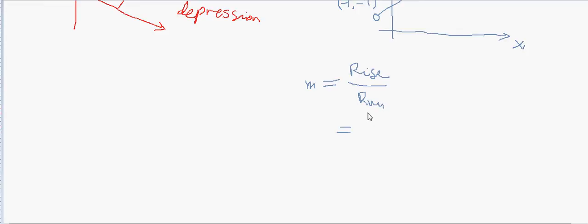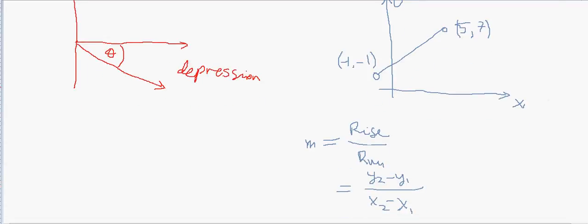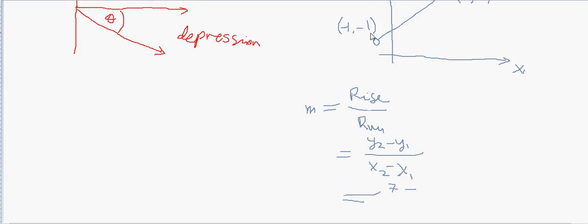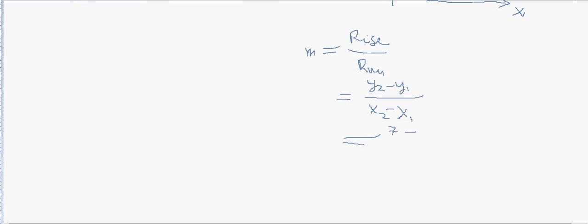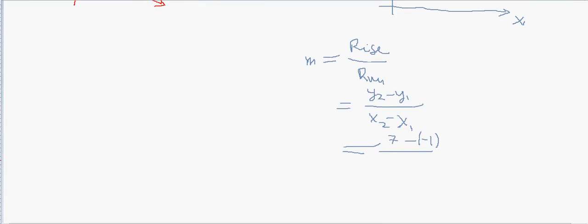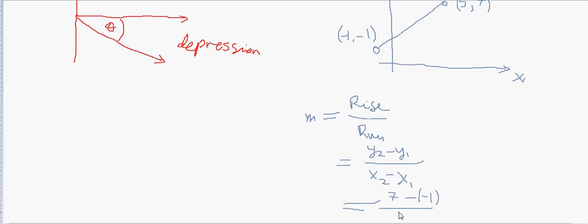And we know that the rise is the final value of the y component minus the initial value of the y component, divided by the run, which is the final value of the x component minus the initial value of the x component. The final value of the y component is 7, so 7 minus the initial y component, which is -1, over the final x component, which is 5, minus the initial x component, which is -1 as well.